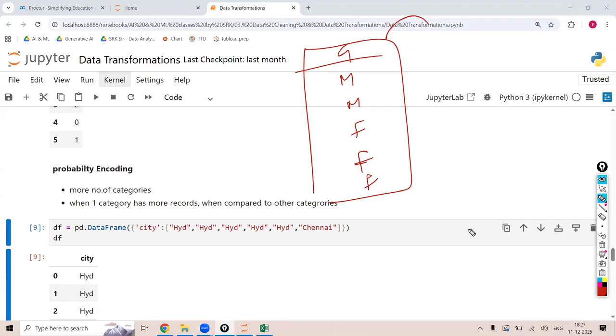Very simple, you will get the wrong answer. The accuracy of the machine learning will be low.